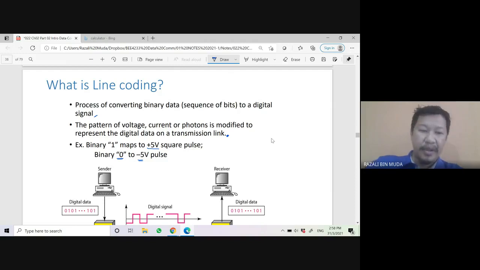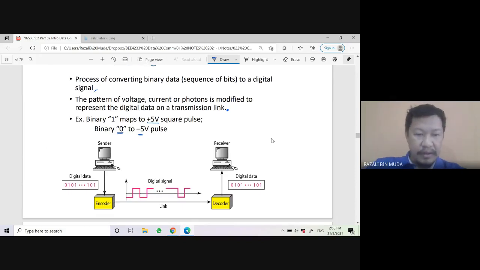In this case, we have 0101 digital data. This encoder converts the digital data into a form of digital signal. So this is 0, this is 5 volts, this is minus 5 volts. So 1 is coded to plus 5 and 0 is coded to minus 5.